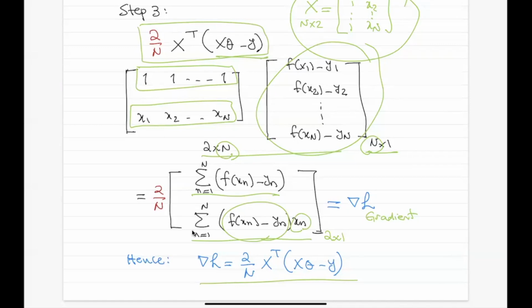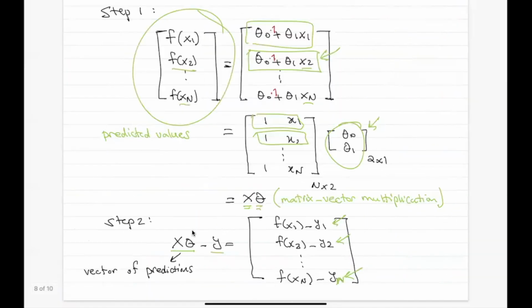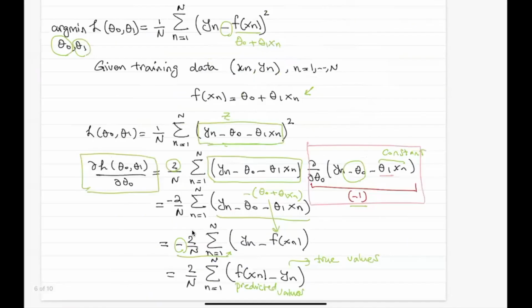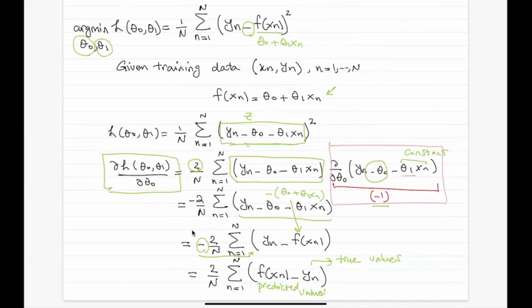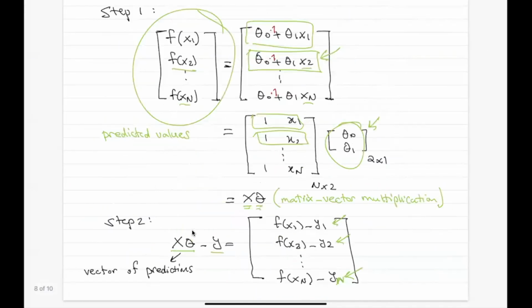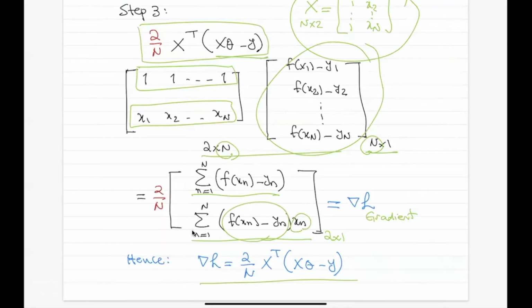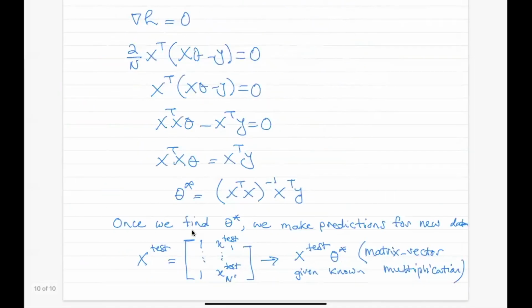So now, in order to solve this optimization problem, which was finding values of theta 0 and theta 1 that minimize this objective function, the very first thing we want to do is set this gradient equal to 0. This is equivalent to setting all those partial derivatives equal to 0 to find the optimal solution. That's exactly what we do in the first line.